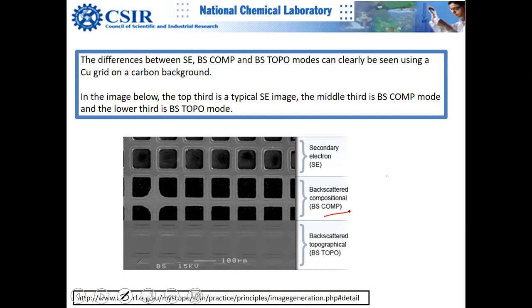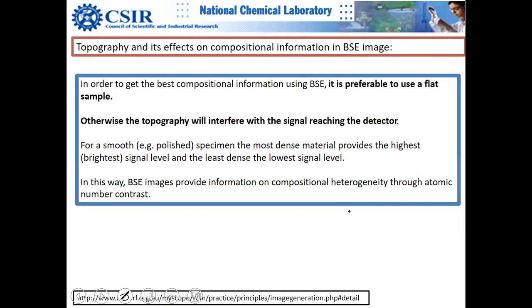So this basically convinces you about the differing utilities of these three modes. As I mentioned, it is preferable to use a flat sample if you would like to get the best compositional information, but it is not required because the detector design will take care of that.